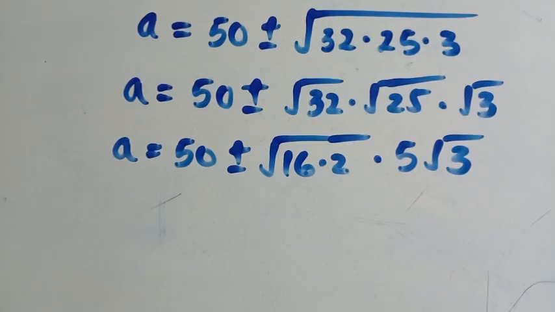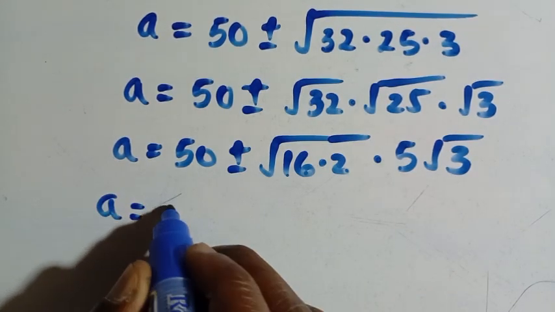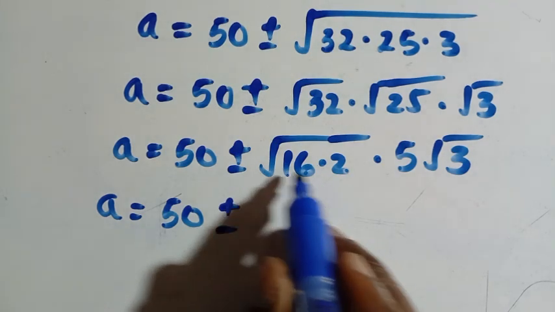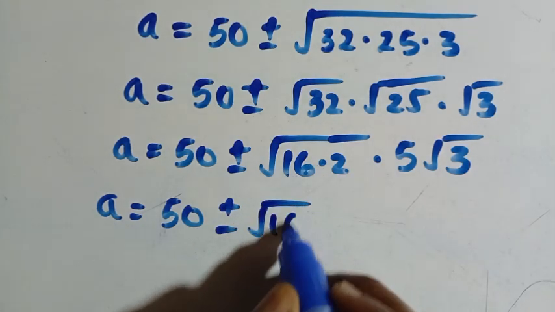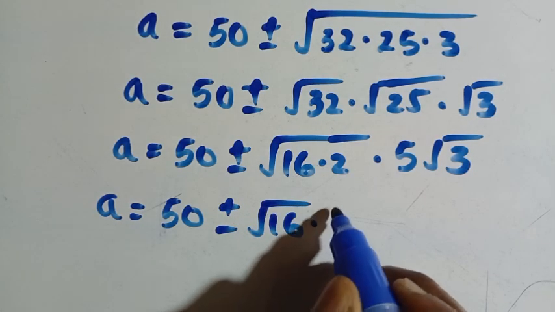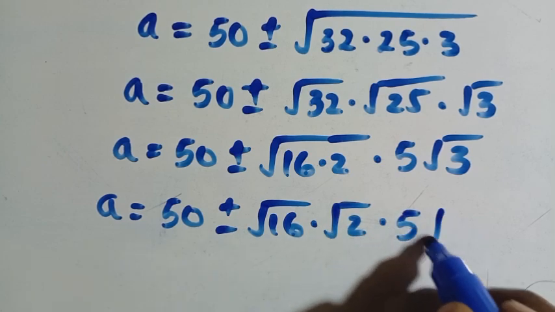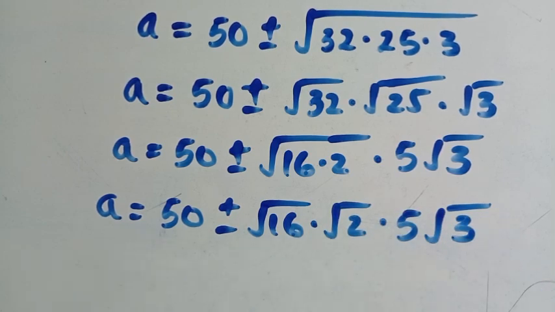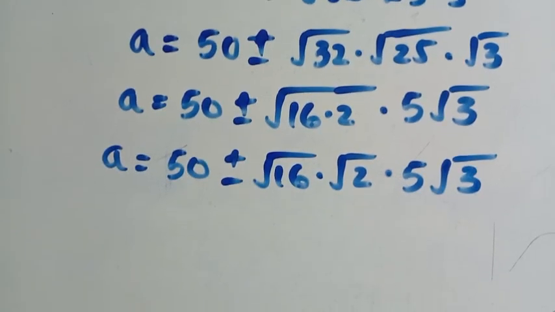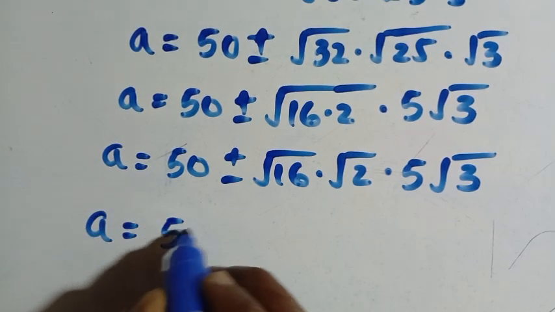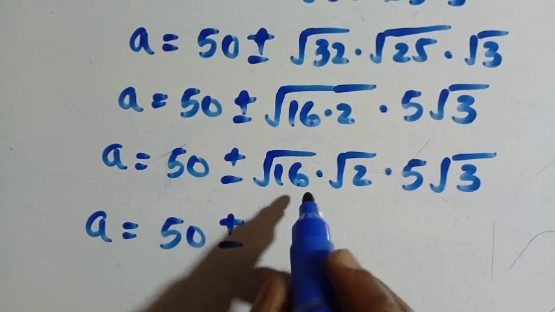And into here we have a equals 50 plus or minus. So we separate this as square root of 16 multiplied by square root of 2, multiplied by 5, multiplied by square root of 3. And here we have a equals 50 plus or minus.